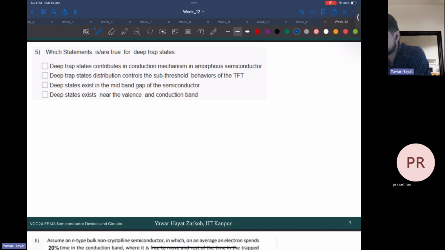Okay, so deep states exist in the mid gap. Yes, this is correct. Anything else? Deep states do exist in the mid band gap of the semiconductor. But is there any other option that is correct?